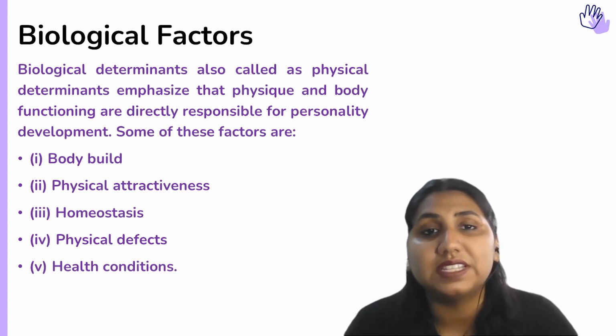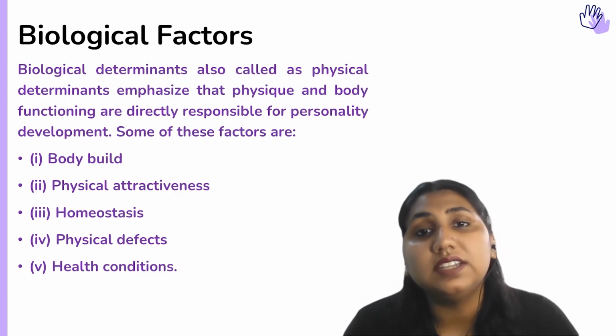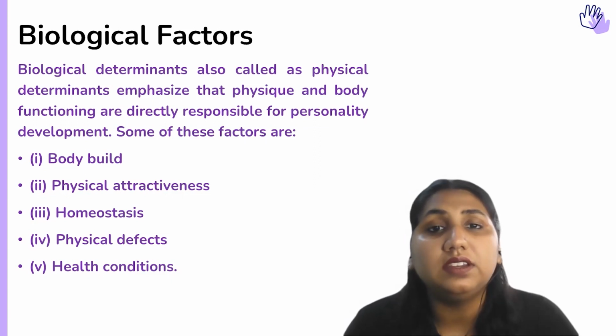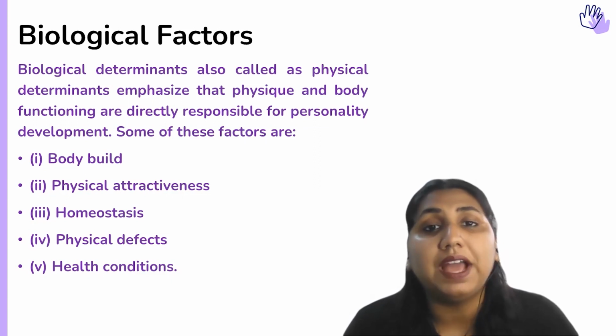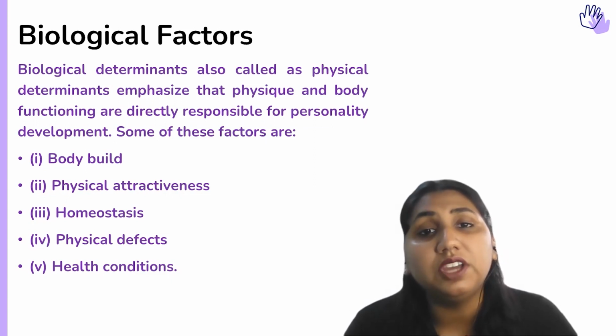Okay. Next, we have physical deficits. When we talk about physical defects, these are another determiner in terms of personality. The first scientific study showing the impact of any physical defect upon personality came from Alfred Adler's theory of organ inferiority.